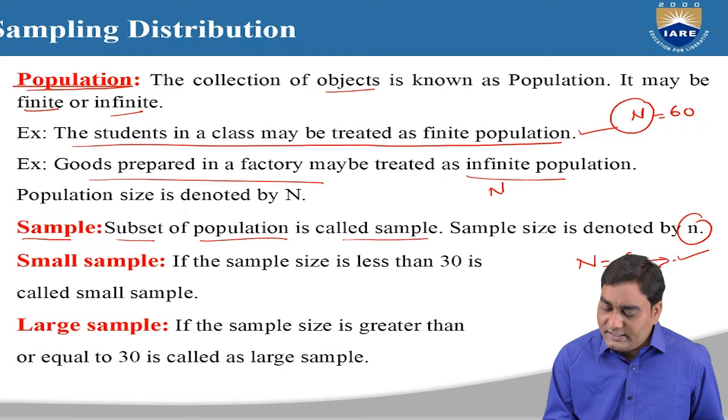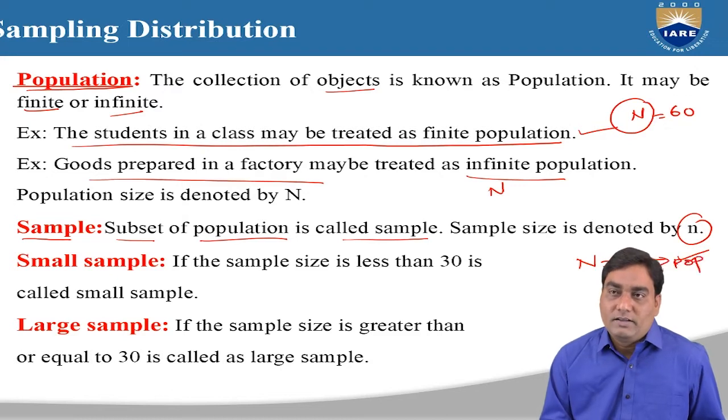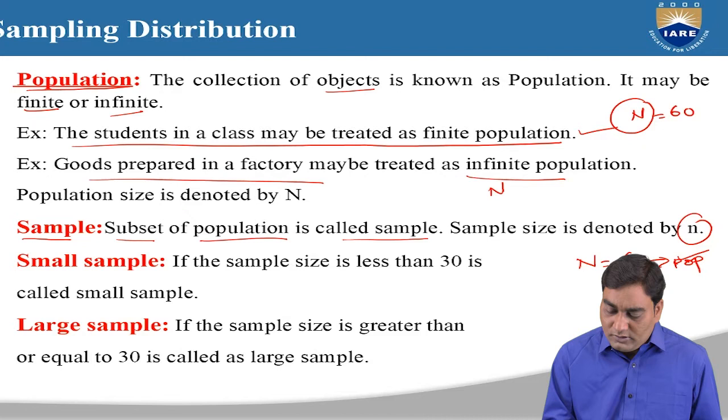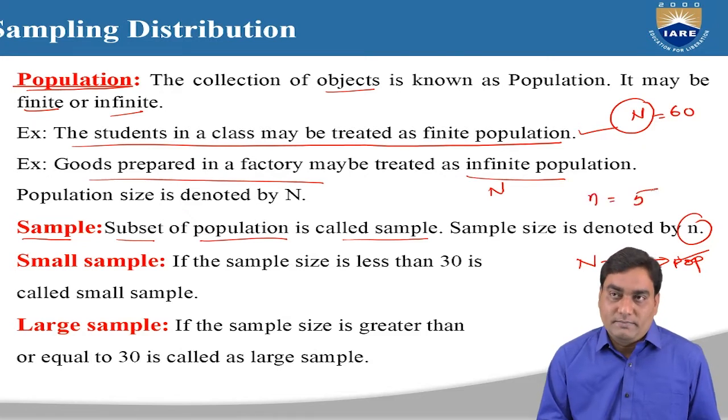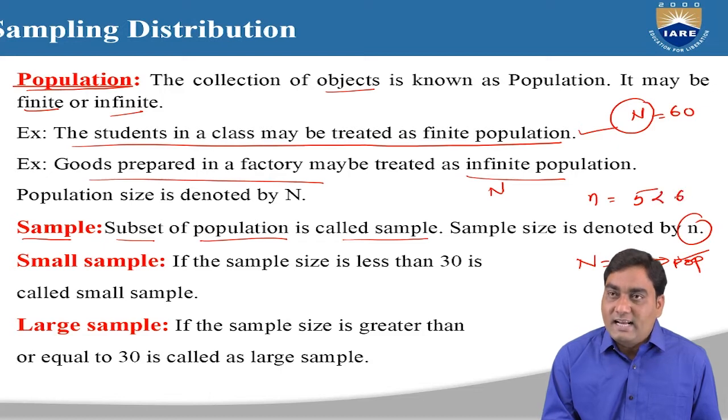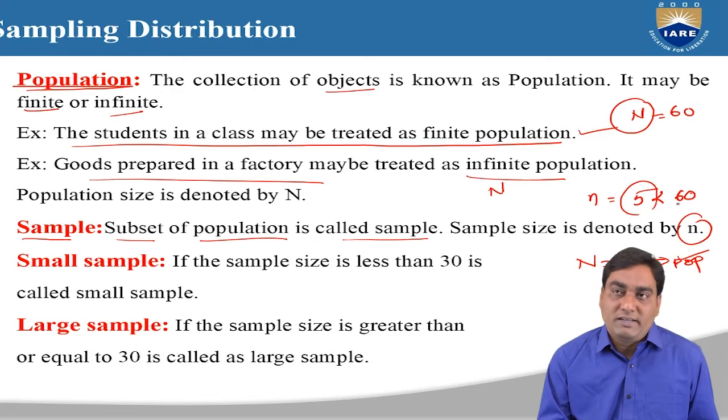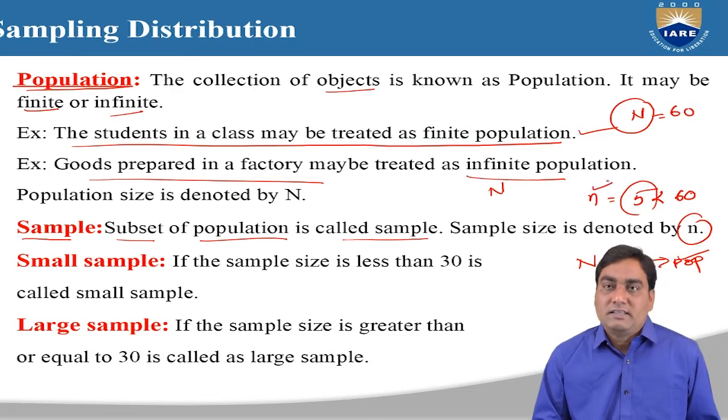If I consider this as a population, I want to choose a sample from that particular classroom with 5 students. So small n, the sample size, is 5 members. This 5 is less than 60 members. This is a part of the population or a subset of the population. That's why this is known as a sample.